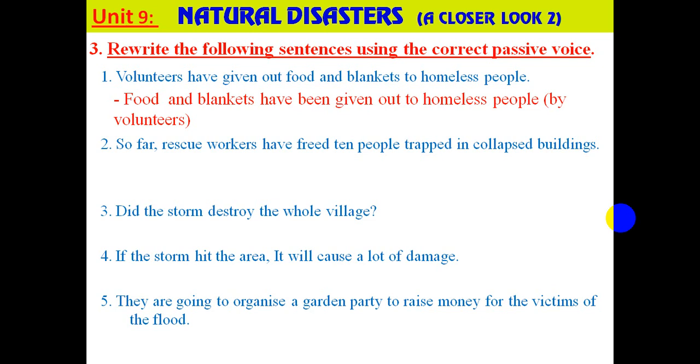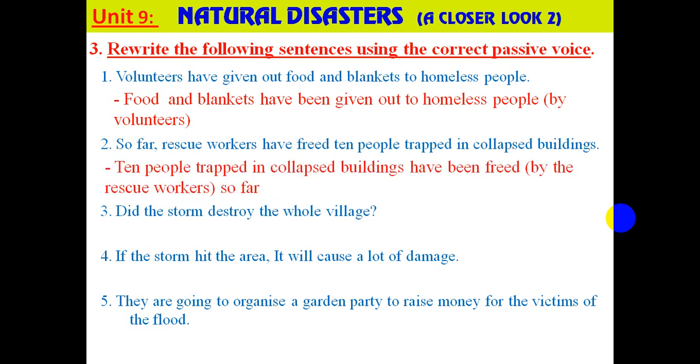Number 2. Where is the object of the active sentence? Oh, yes. 10 people trapped in collapsed buildings. 1, 2, 3, 4, 5, 6. There are 6 words for the object of the active sentence. So you can use it to make the subject of the passive voice.